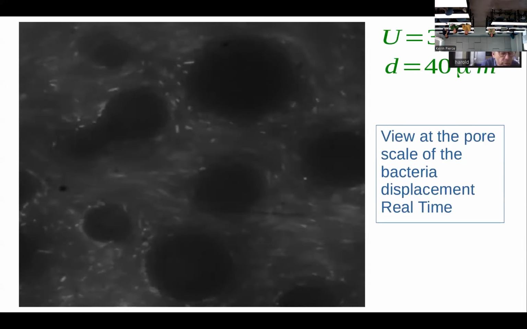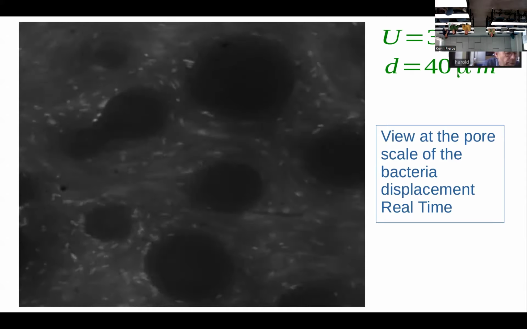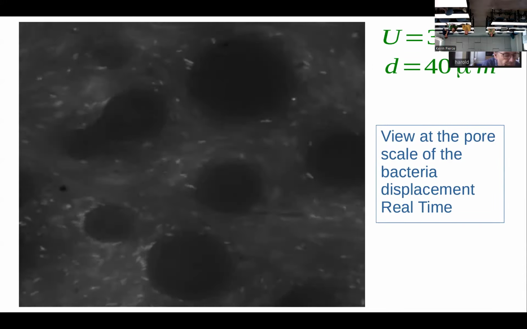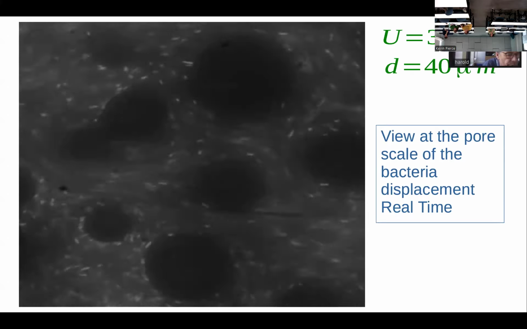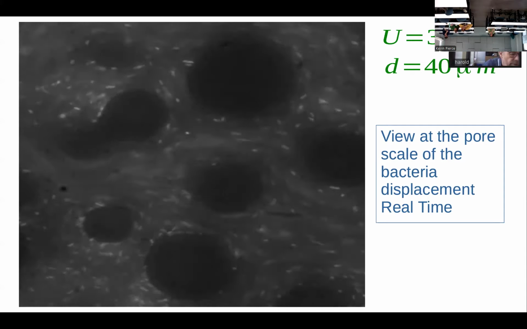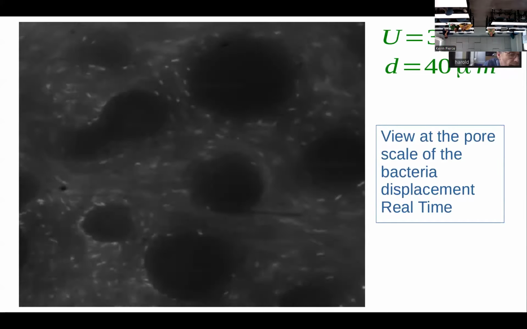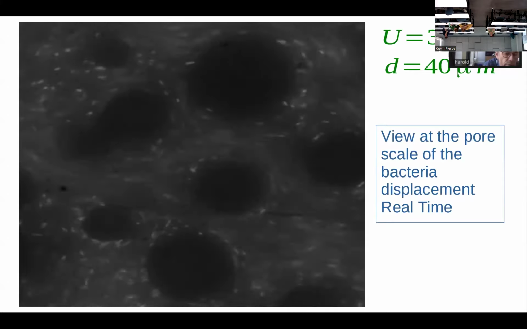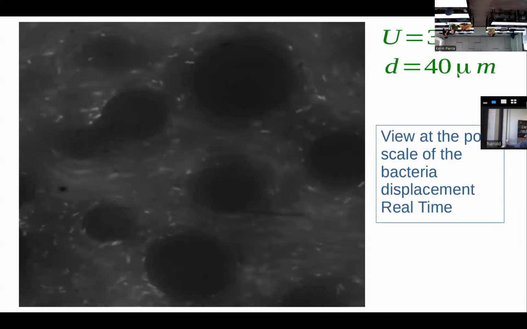We can have a look at the pore scale of the trajectories of some bacteria. I don't know if you see the movies quite well, but the black is the grains. The bacteria are the white particles, because the bacteria we use are fluorescent, so you can see each bacterium.